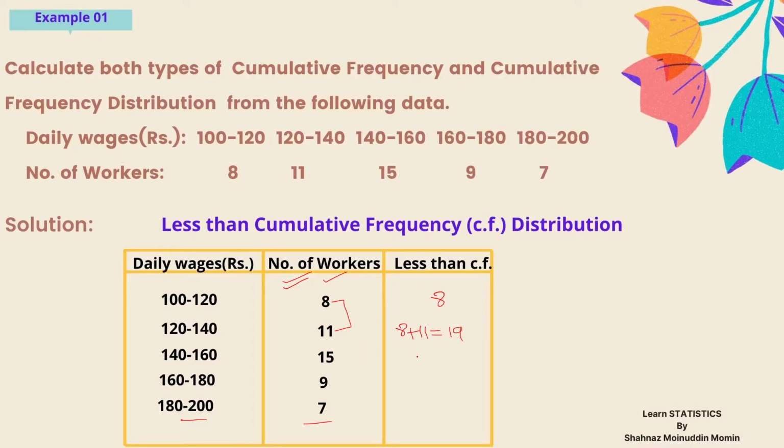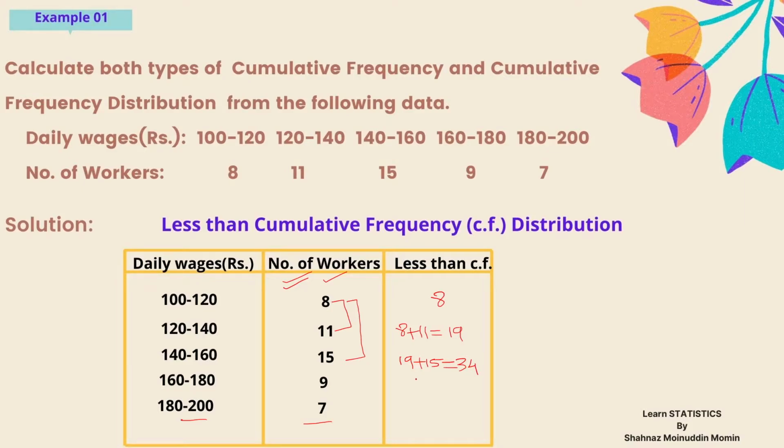For the third less than CF, add the third number of workers to the sum of the first two numbers of workers, means 19 plus 15, and it comes out to be 34.